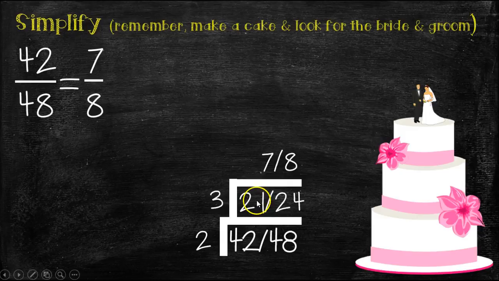If I divide 21 by 3, I get 7. If I divide 24 by 3, I get 8. So is there anything I can divide this by? Remember, when we do the wedding cake strategy, you can always divide it by 1 at the very end to make sure that you in fact have the most simplified fraction. In this case it would be 7/8. It is on top of the wedding cake.